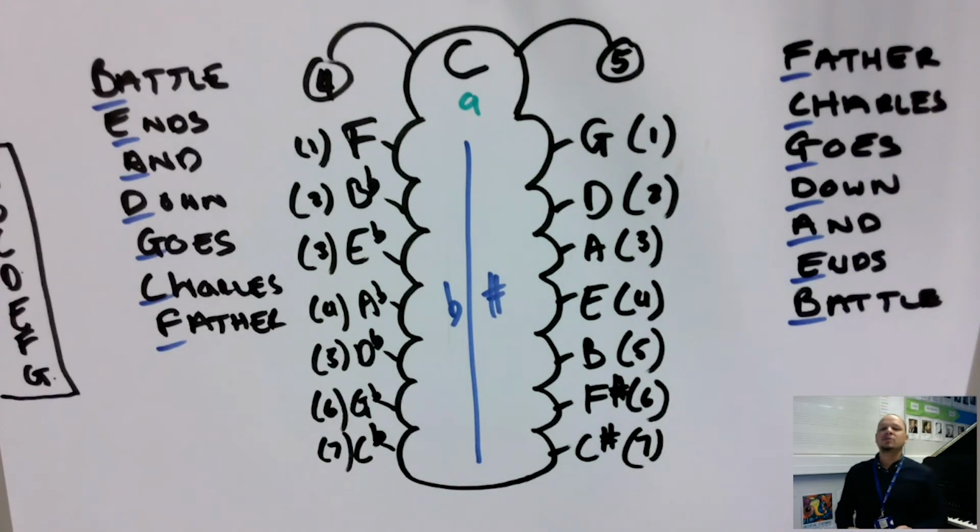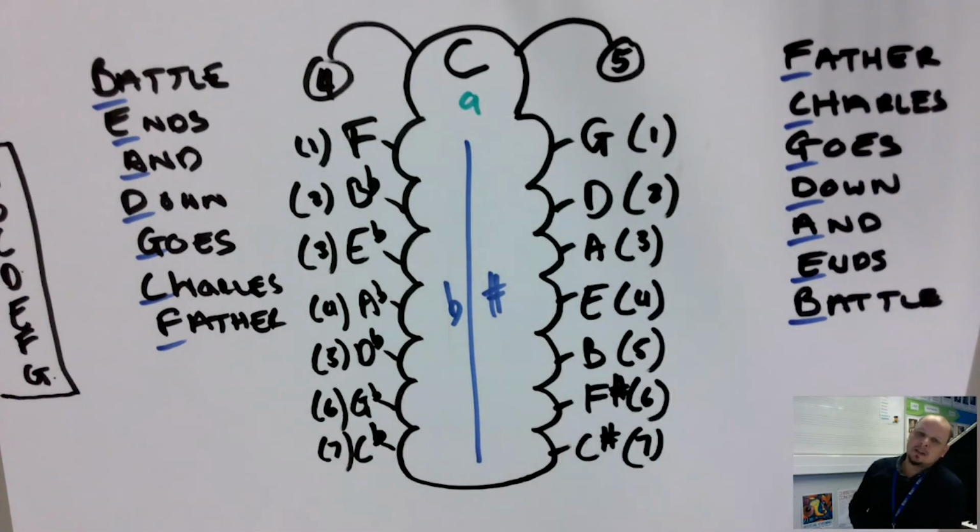Now it doesn't end here. Our caterpillar is nearly finished, but you probably recognize that we had a relative minor for C major when we were at the start. That means they share the same key signatures. So A minor shares the same no sharps and flats as C major. Now we have to do the same for all our other keys.